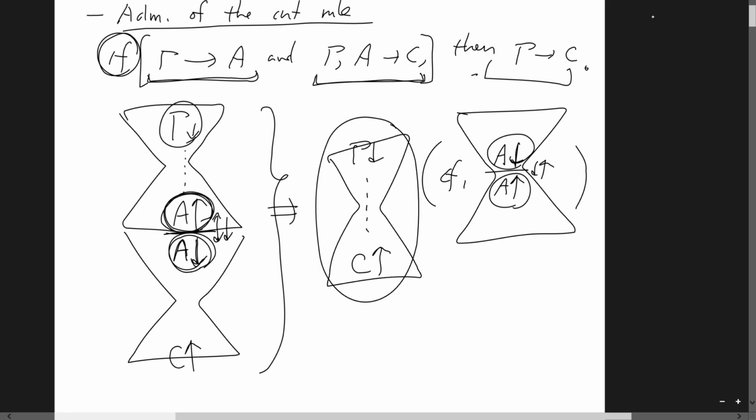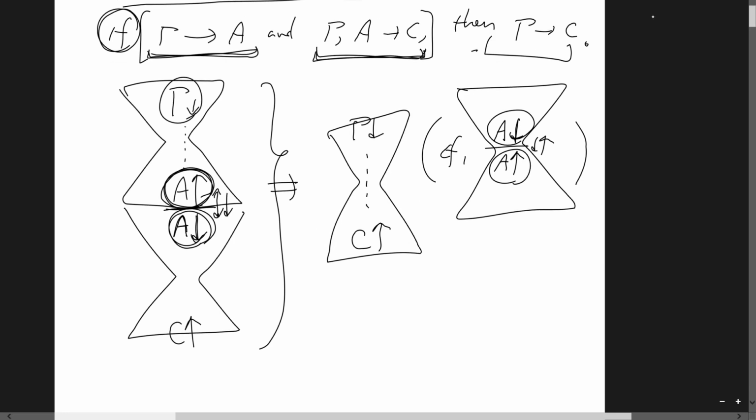Oh, let me read this one. So if we have these two sequents, we can imagine that there is the first part of the proof and the second part of the proof. At the conclusion, this then phrase means that we can construct this proof, C up arrow from gamma down arrow.